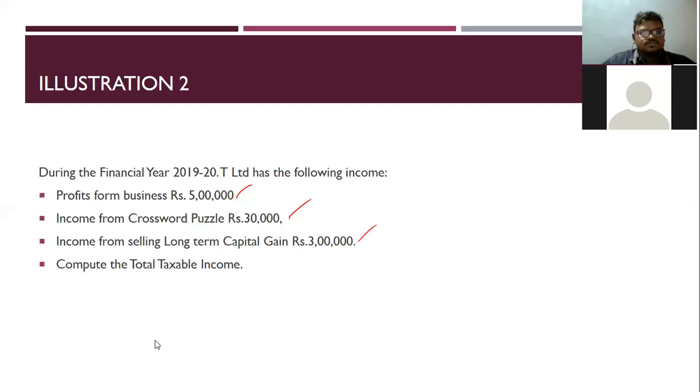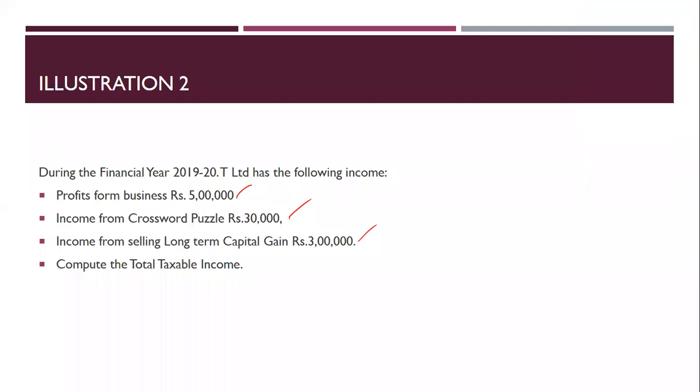Yes, sir, I'll do it. Pramod, any initial is there? Yes, ma'am. Roll number is 6400. Done, sir. Yes, Pramod.